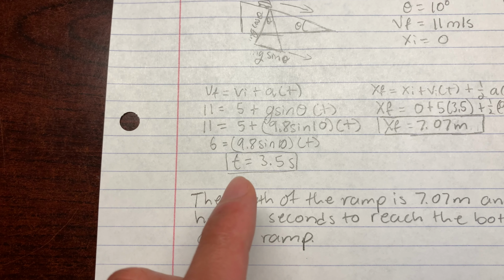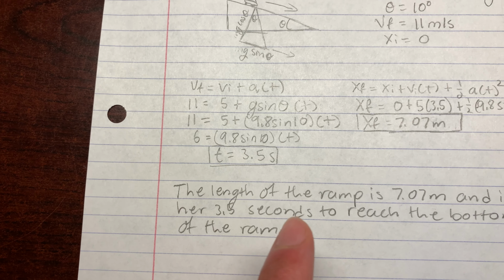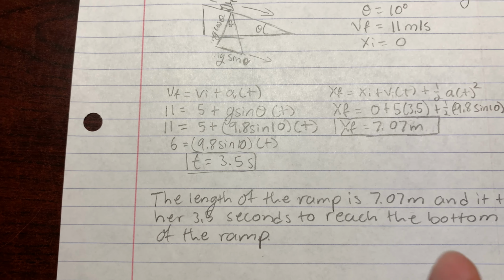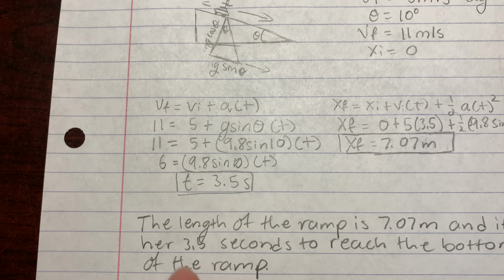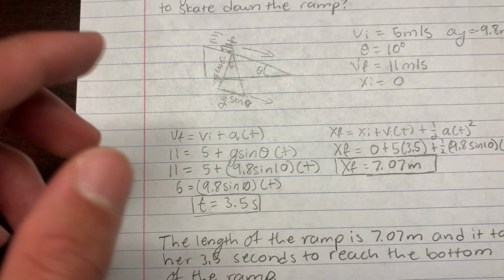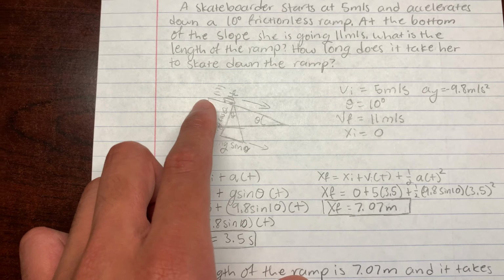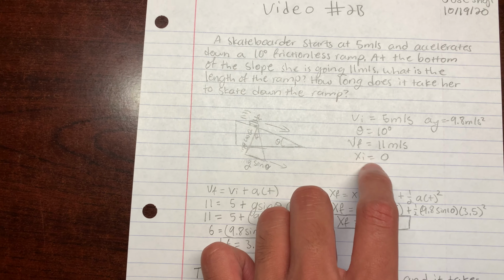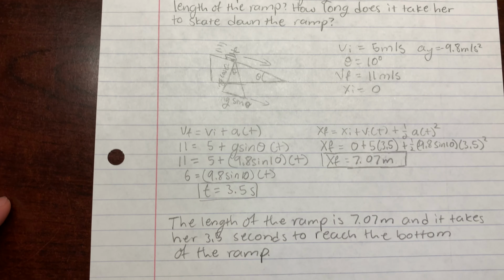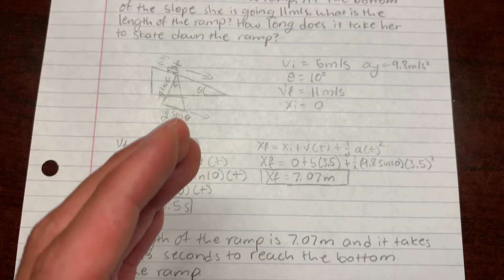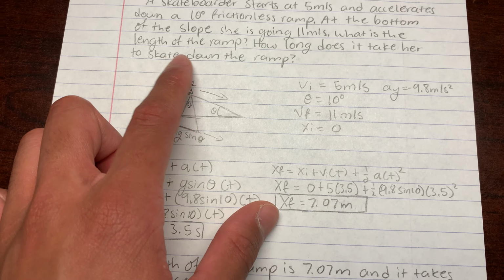So 6 equals 9.8 sine of 10 degrees times time, and time is 3.5 seconds. It takes her 3.5 seconds to get from x initial to the bottom of the ramp. And we can use this information to calculate the length of the ramp.